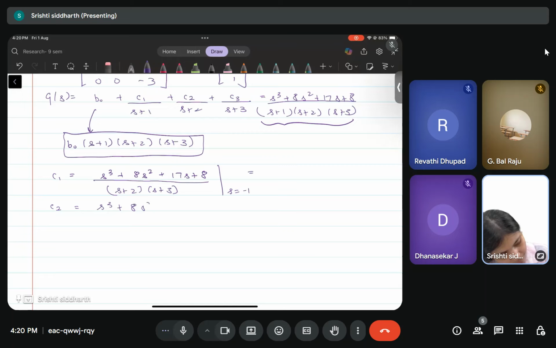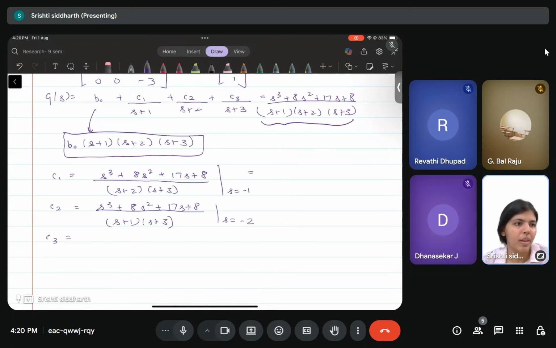This is going to be s plus 1, s plus 3, and finally we have C3. So you can please calculate and let me know the answers. S cube plus 8s squared.